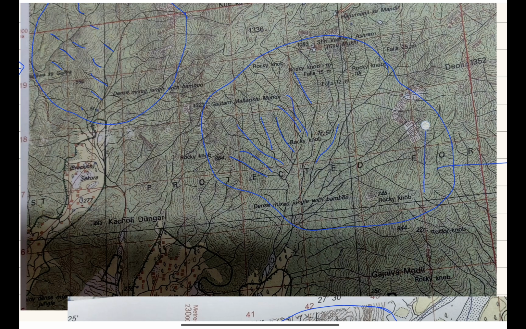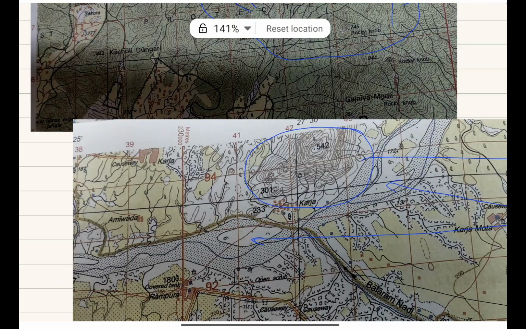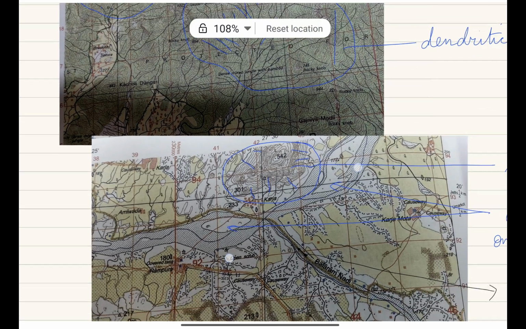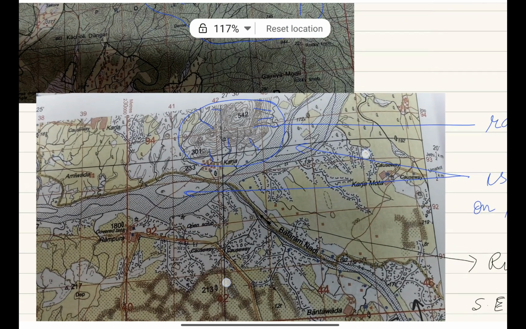Dendritic. Now come to this part. You can see this is a hill, conical hill, and all the tributaries are flowing out from this conical hill in a circular pattern. So therefore this drainage is radial drainage. Now can you see this river?